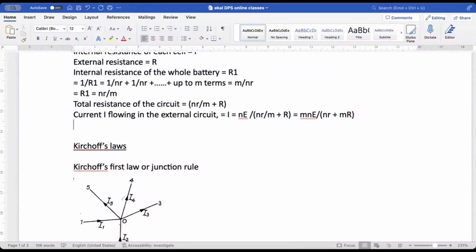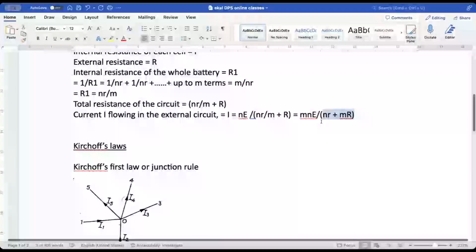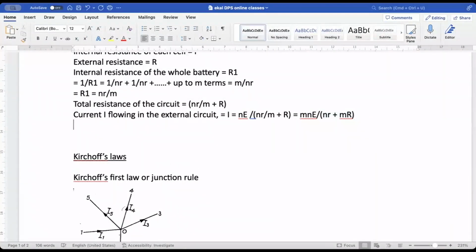To get the maximum value of current, the denominator factor, which is the total resistance, should be the minimum.